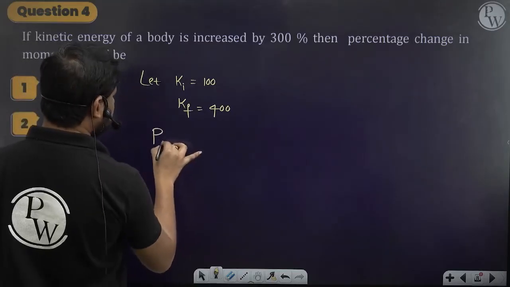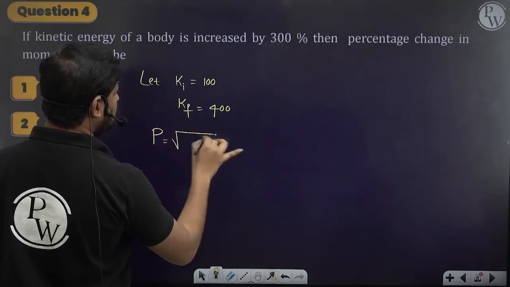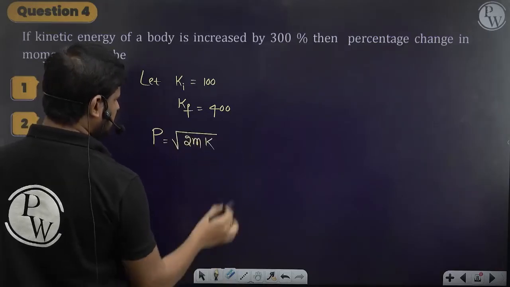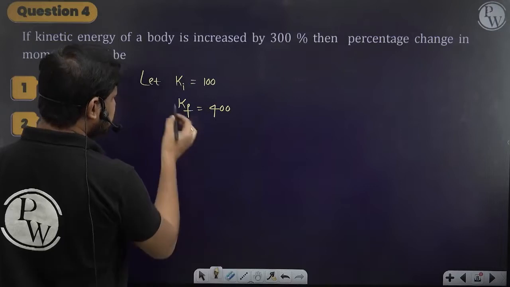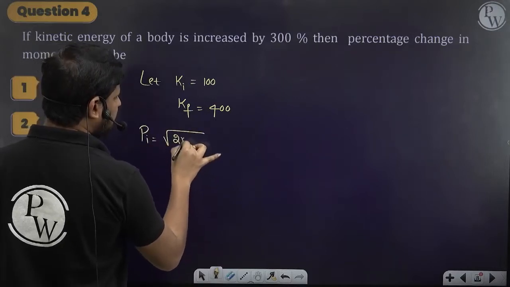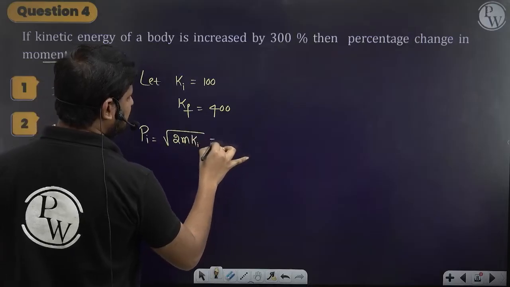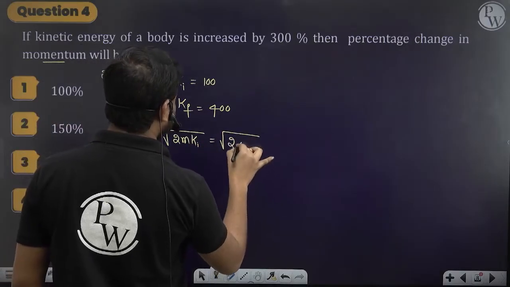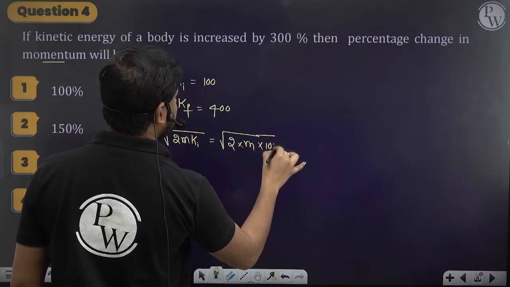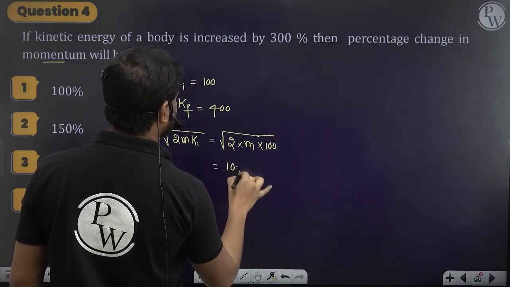We know that P is equal to root over 2mK. Yes or no? So if the initial kinetic energy is Ki, what is the initial momentum? Root over 2m Ki is the initial momentum, right? Let the mass be m itself. The initial kinetic energy is 100, so I can write it as 10 root 2m.